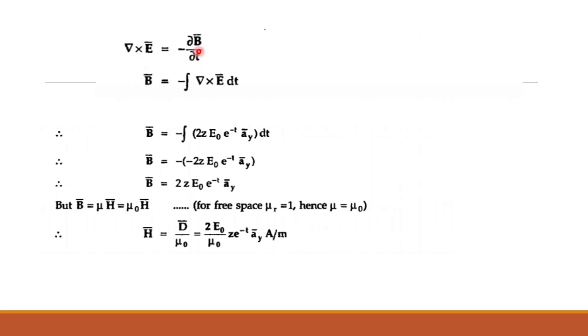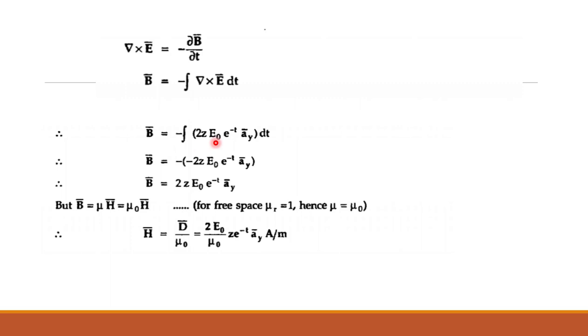Then the next. But what is del cross E? Del cross E is equal to minus dou B by dou t. Therefore, what is B? If you take the integration of both sides, then this time derivative will cancel. So let us take integration with respect to time t. So B bar is equal to minus integration of del cross E with respect to time t. Del cross E we got as 2z E naught e raised to minus t a_y cap, with respect to dt.